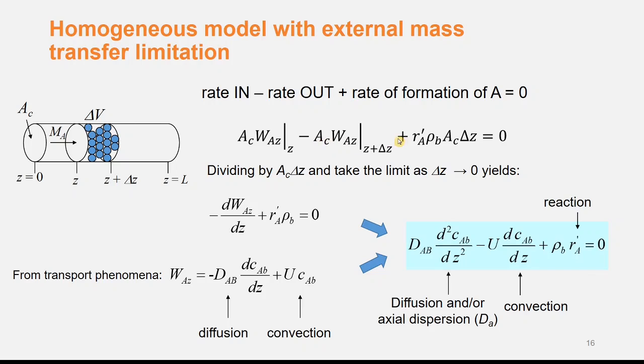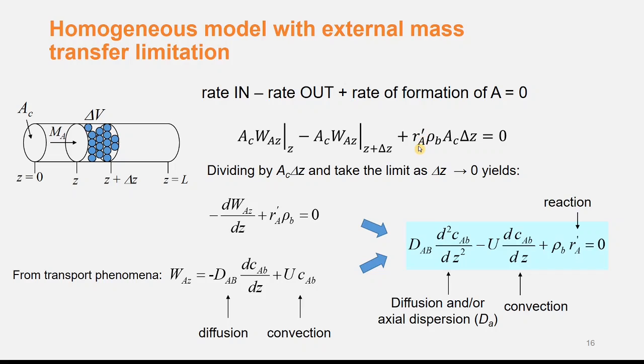The generation term is the rate of formation of A, which is RA prime. Note that we are using the per kilogram basis for the rate because we want to multiply it with the density of the bed and then times the volume of the differential element. So it is convenient to express the rate in terms of per kilogram catalyst.